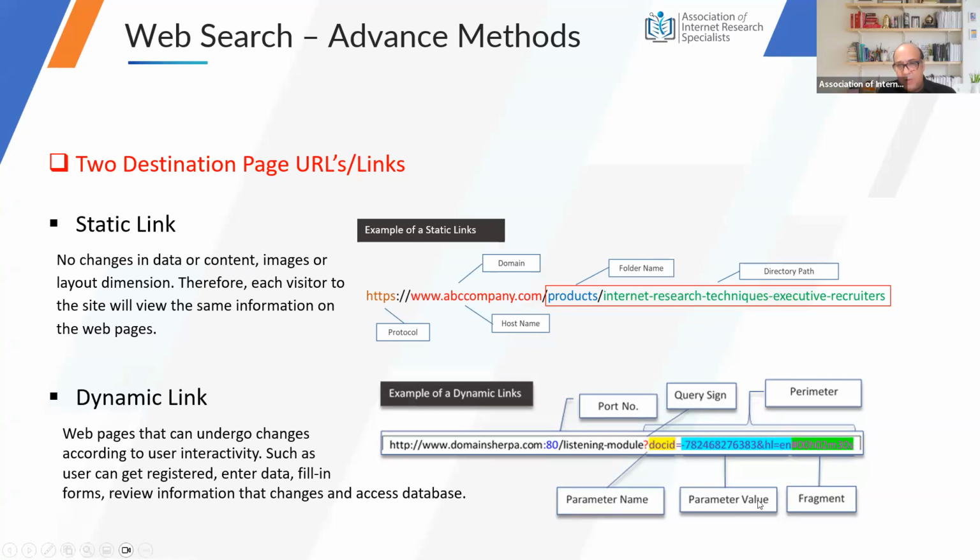So let's say listening module is the page in domain sherpa.com, and it is followed by a question mark. Question mark means that it is now triggering a query, which connects with the database and fetches the information from the database, which is mostly a secure area. The question mark is saying to query that database and bring that information.